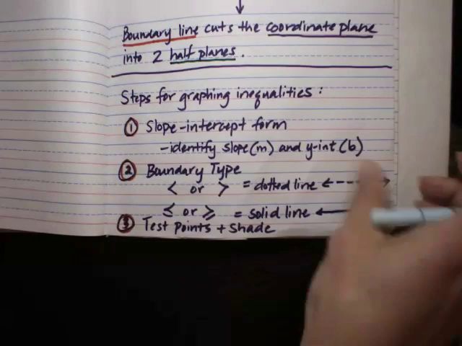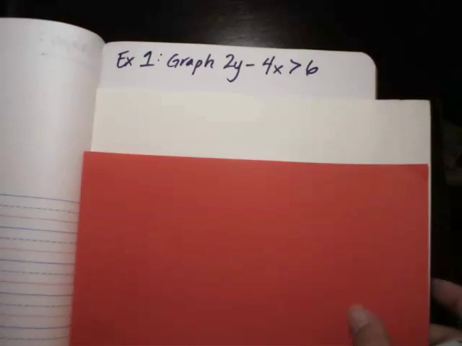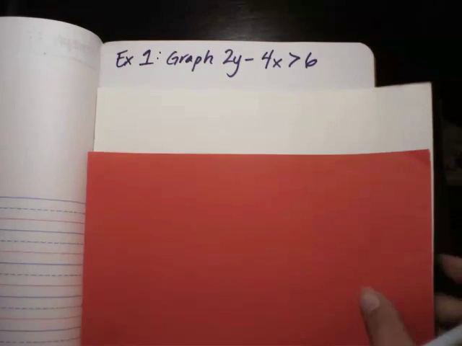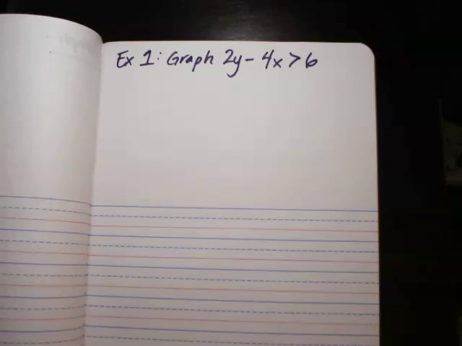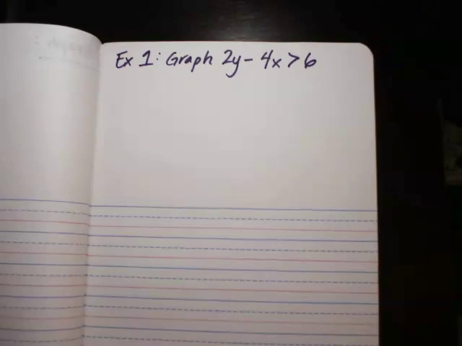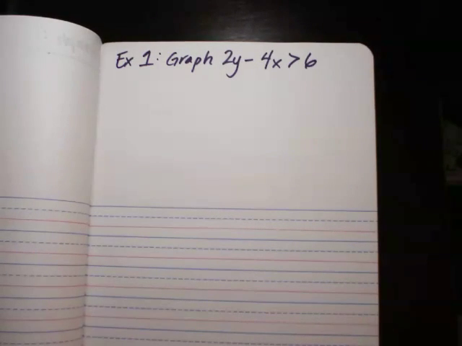Let's do an example. Example number 1, we're going to graph this inequality: 2y minus 4x is greater than 6. Same steps that we talked about.